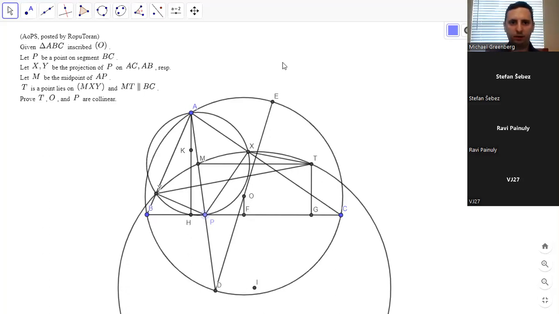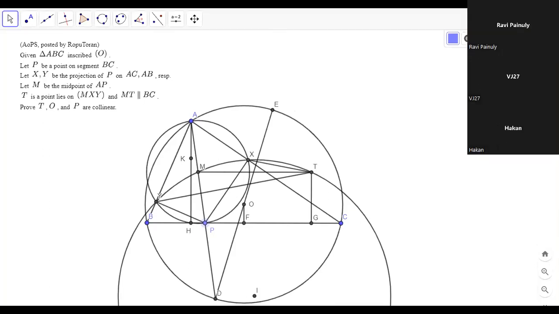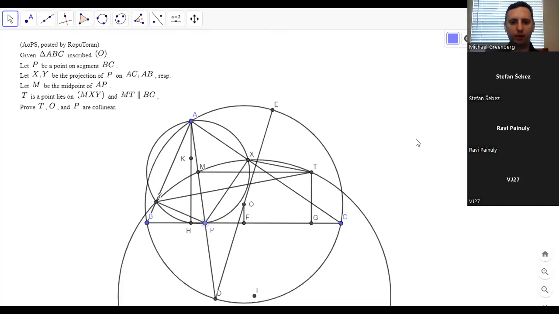Let's see. So we have someone else joining us. Hi, Nguyen. Thanks for joining us. So we're on our second problem. And yeah, we made a little bit of progress. We were thinking about using moving points.